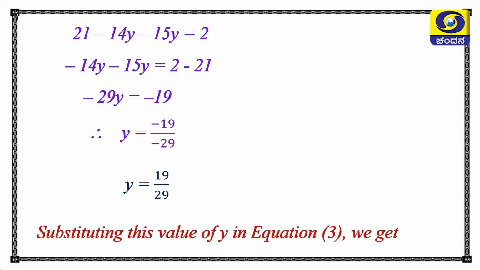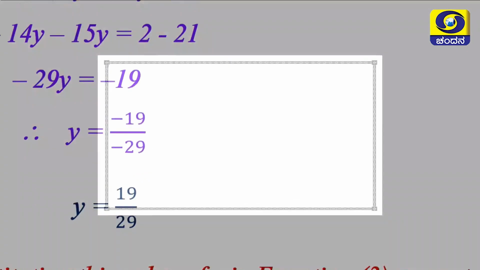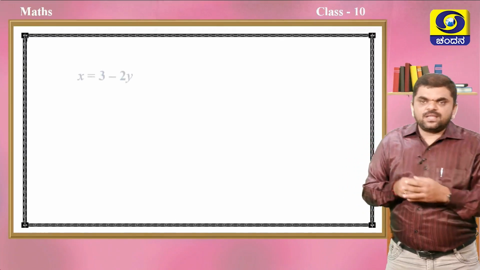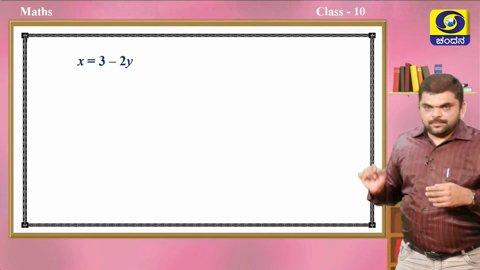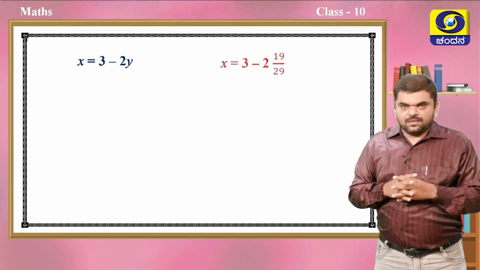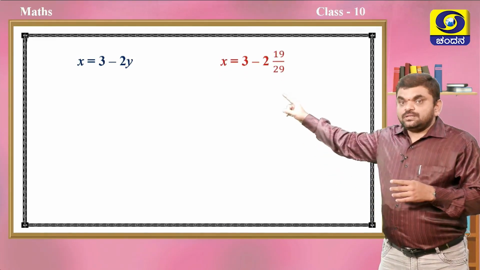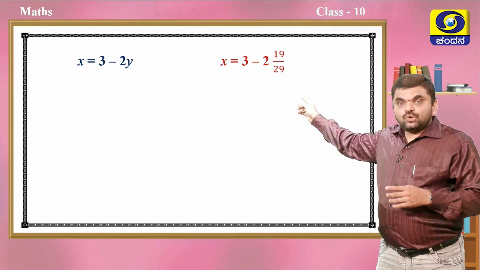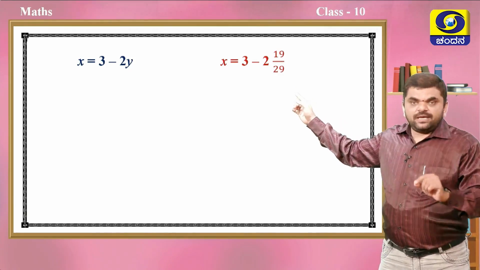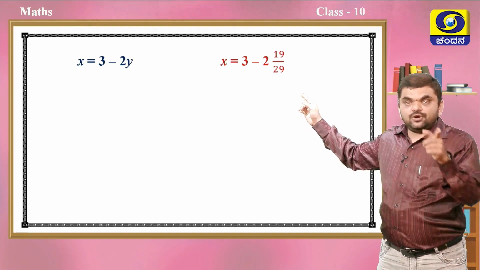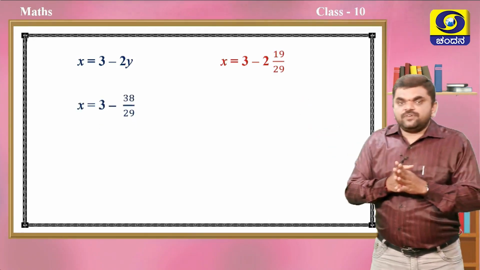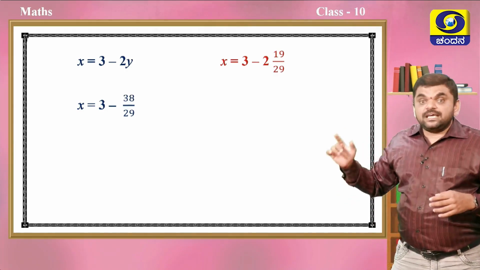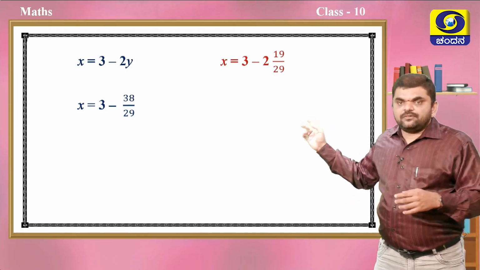Now substitute the value of y in equation number 3 so that we will get the value of x also. What is equation number 3? x is equal to 3 minus 2y. x is equal to 3 minus 2 into, in the place of y we are going to substitute the value of y, that is 19 by 29. On simplification we get x is equal to 3 minus 38 by 29.